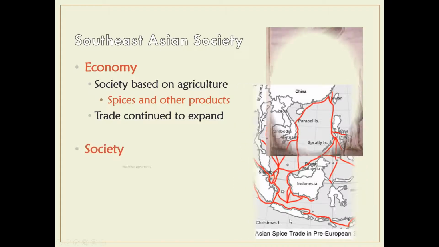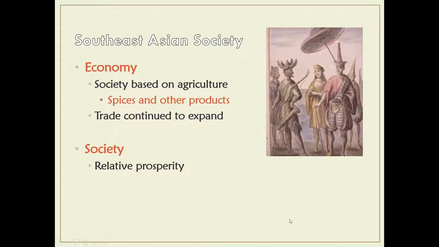You have a society with a higher living standard than other places in Asia, and relative prosperity. As I said earlier, the Mongols never made a real big invasion push into Southeast Asia, and so unlike China, which suffered under the rule of the Mongols, Southeast Asia continues to prosper and grow.